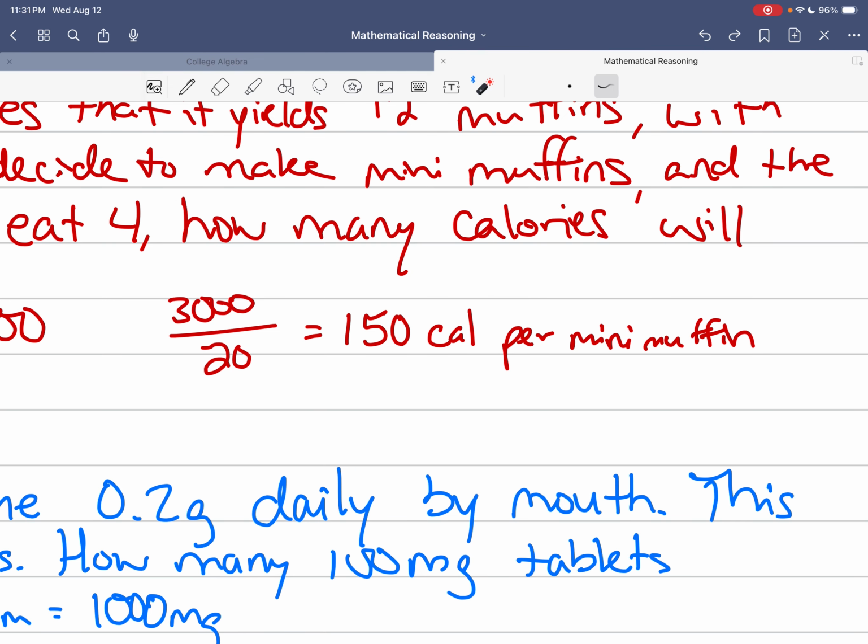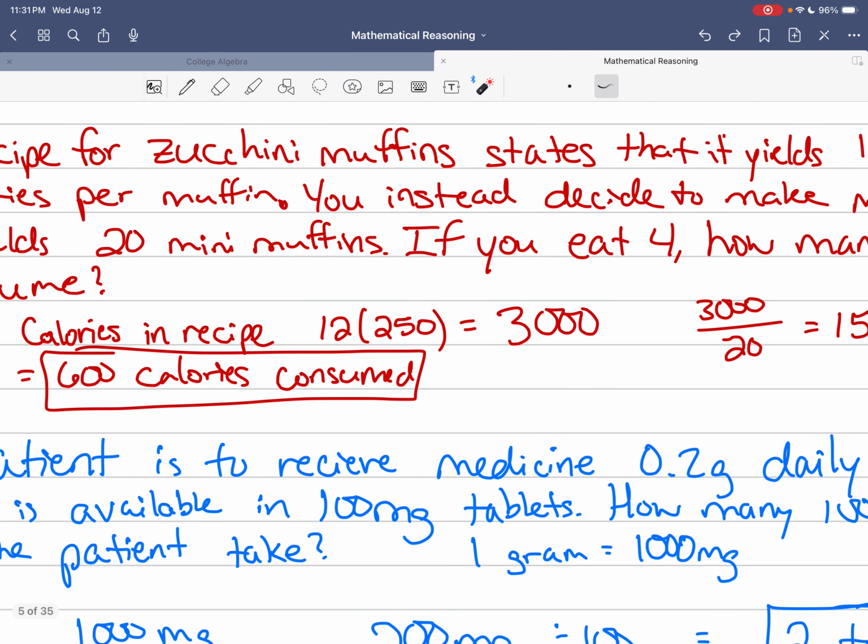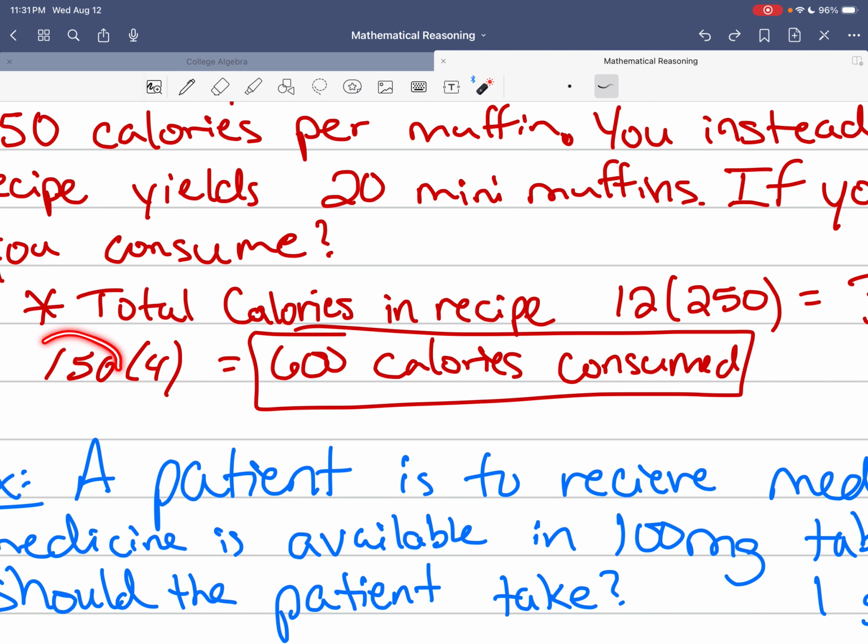And that tells us there are 150 calories per mini muffin. They're saying that we're eating 4 mini muffins, so how many calories will we consume? It's 150 calories times 4 mini muffins, which comes to a total of 600 calories consumed.